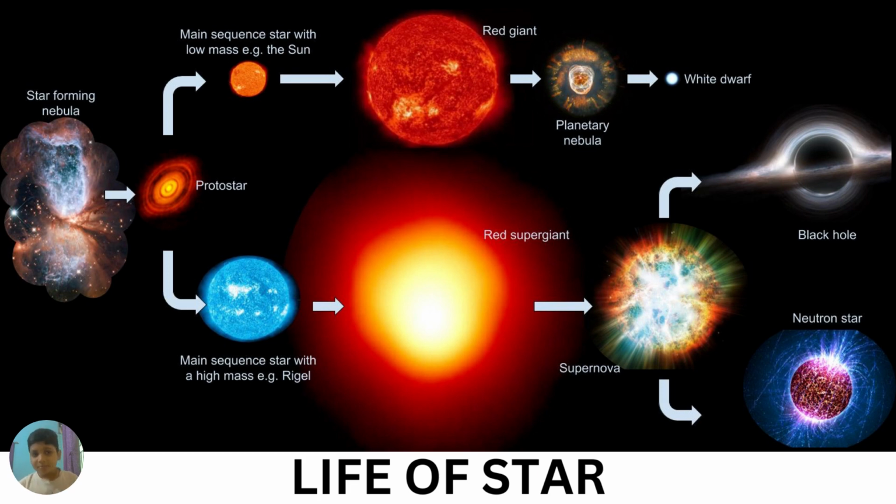But the stars in space which are extremely hot are blue in color, and the stars which are comparatively colder are red in color.